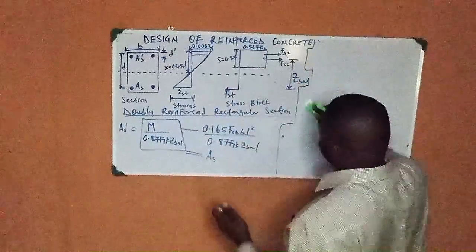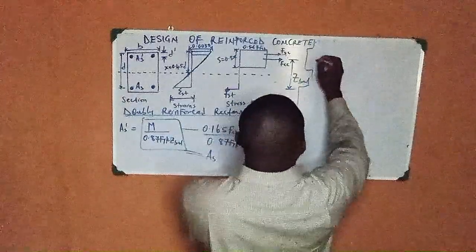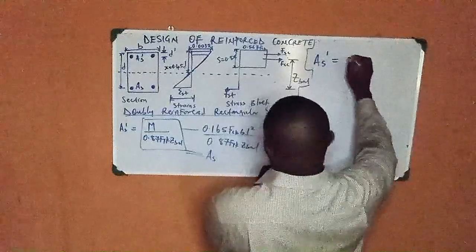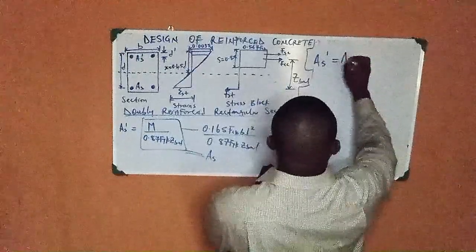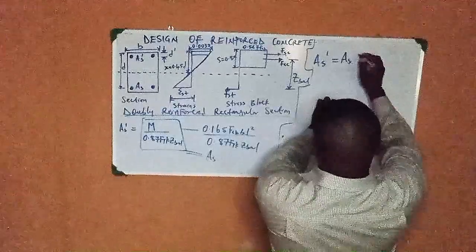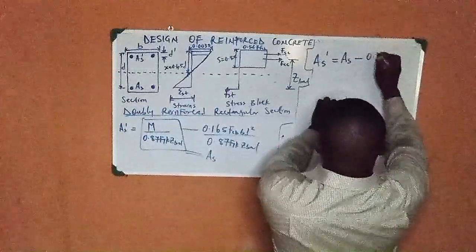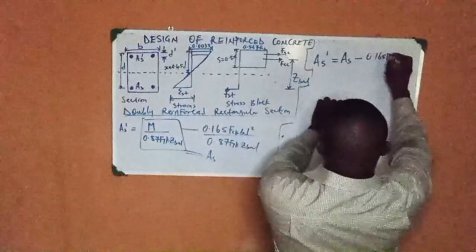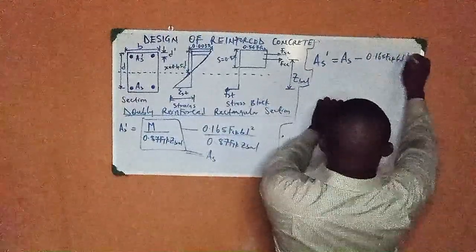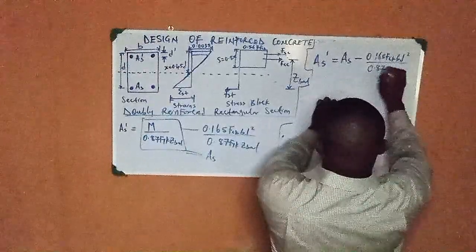I will already be wiping the board because I have a small board there. Therefore, As prime is equal to your As minus 0.165 fck bd squared over 0.87 fyk z bar.